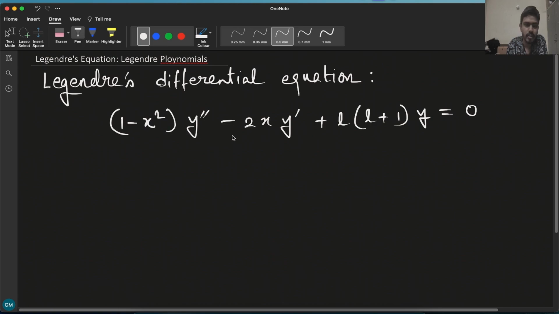so why is this Legendre differential equation so important? If you solve the hydrogen atom problem using quantum mechanics, that means the Schrodinger equation, there will be separation of variables. You will separate out the radial part and the angular part of the differential equation, and in the angular part you will get this Legendre differential equation.